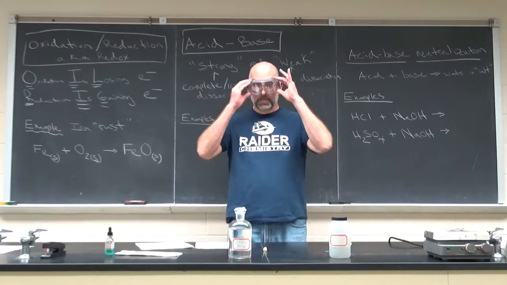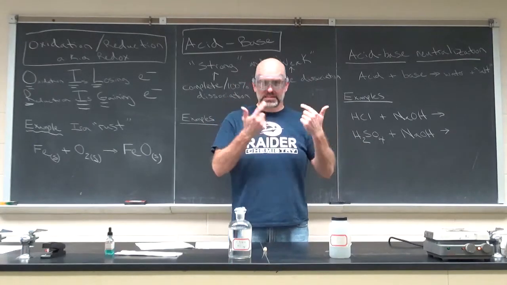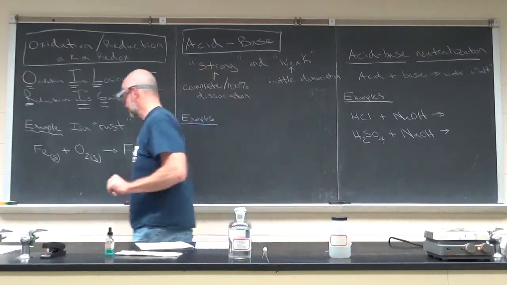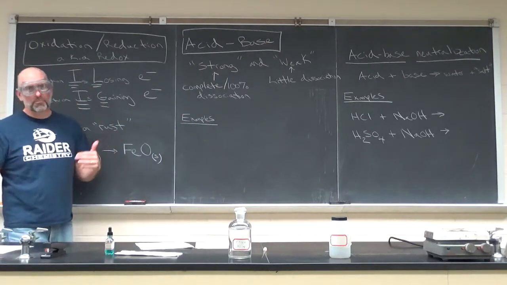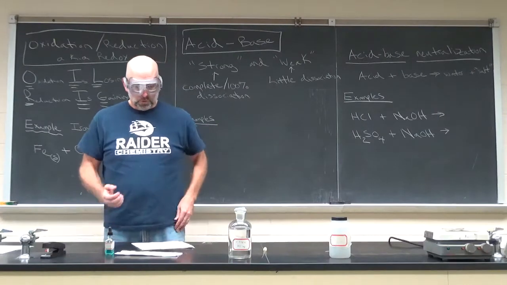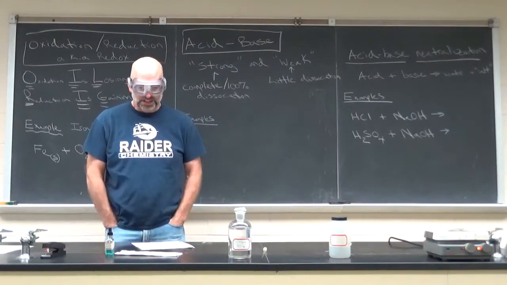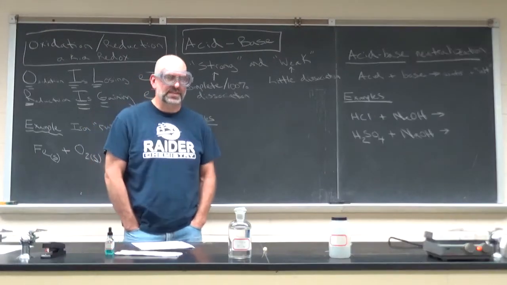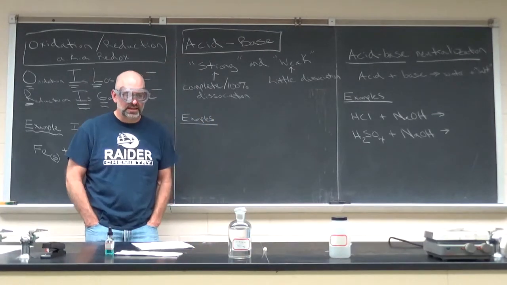Okay, like I said, I've got acids and bases up here. I'm going to leave my goggles on for this lesson. Okay, now I'm going to go back to the very beginning of this. So we're looking at two different kinds of chemical reactions here, and I think you did classification of chemical reactions in lecture.